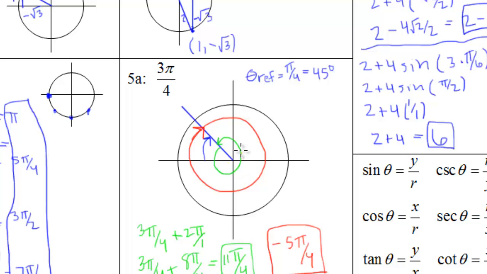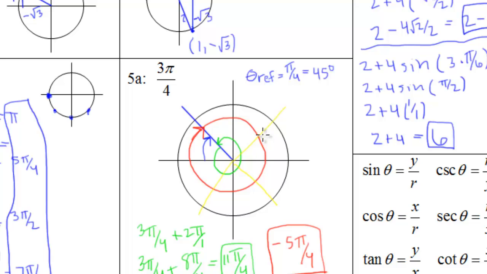And if you wanted to make sure those are right, remember you could count off pi over 4s. So the divisions of pi over 4 would be kind of where these yellow lines are and this blue line. So if you went negative 5 pi over 4, that would be 1 pi over 4, 2 pi over 4, 3 pi over 4, 4 pi over 4, 5 pi over 4. So clearly that's coterminal with the blue line.